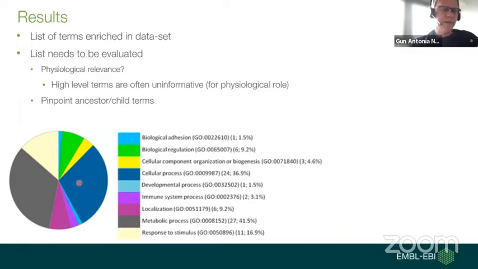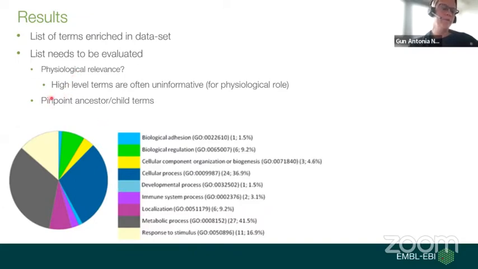So, for example, this is an enrichment I saw in a paper, and they included things like metabolic process, response to stimulus, biological regulation, and you wonder, what does this mean? It doesn't really mean anything. Biological regulation, it could be regulating kidney development or respiration, and it's very different processes. Or response to stimulus, what kind of stimulus? A viral attack or hydrogen peroxide.